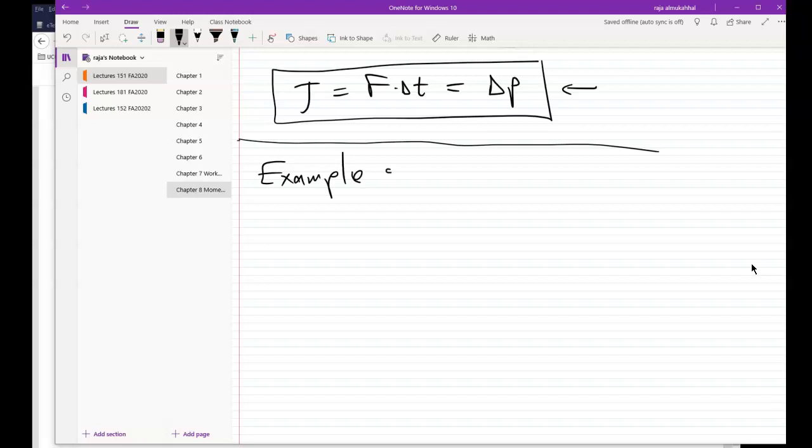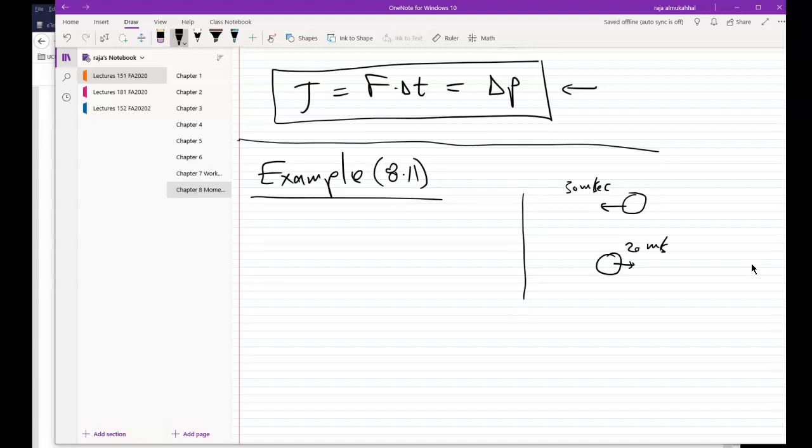Example 8.11. Again, I'll just draw a quick picture. Here's the brick wall. Here's the ball moving this way, 30 meters per second. And then you get the ball rebounding at 20 meters per second.